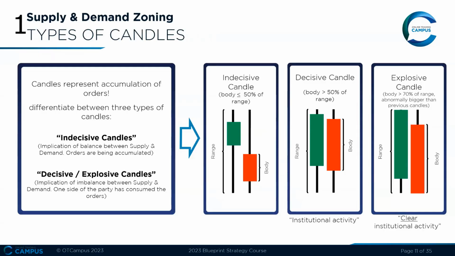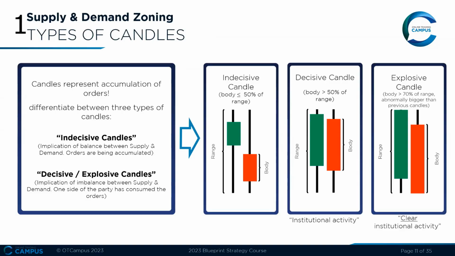There's going to be small candles, large candles, candles that have crazy long wicks, and candles that have no wicks. And for us to make sense of those candles, we can categorize all of those hundreds of different types of candles into three important categories of candle types.